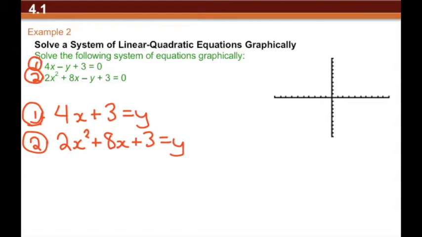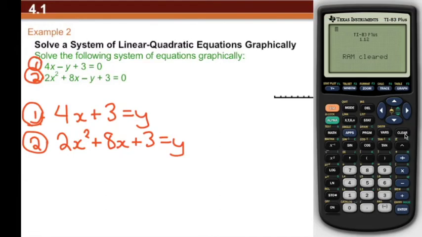So then we'll turn over to the graphing calculator, and to enter these equations in the calculator, we need to go to the y equals function. I'll put the first equation in as equation 1, put the second equation in as equation 2, and to see where they intersect, I'll just hit graph.